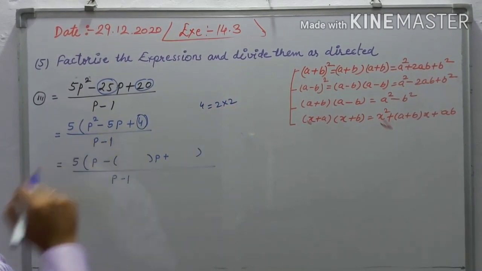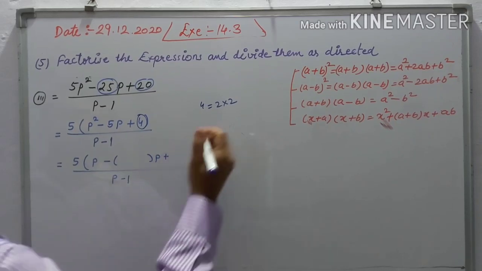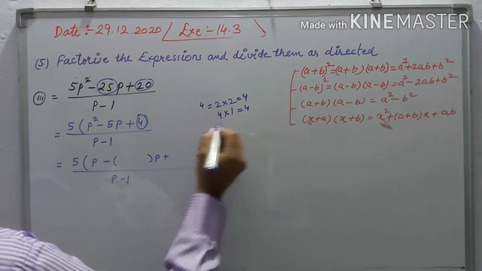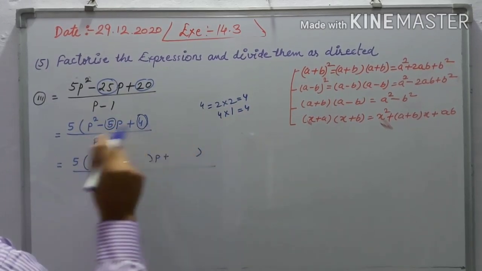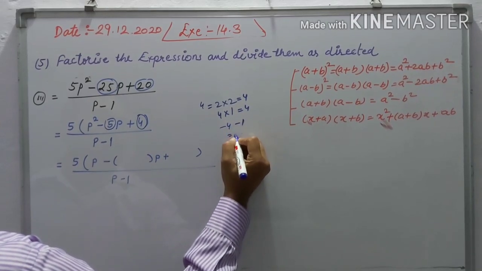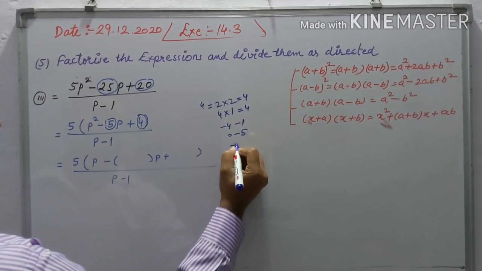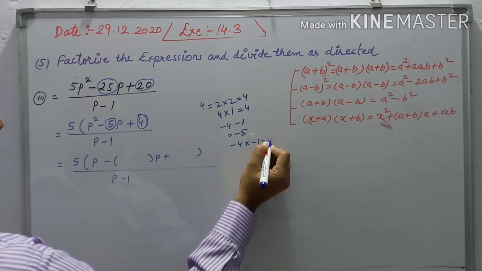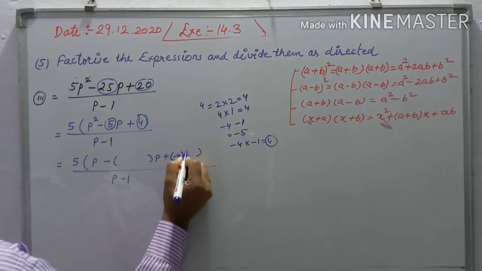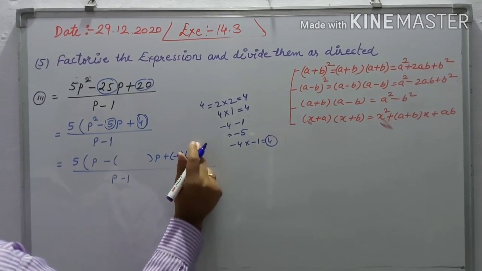But here is a 5, so the second is 4 multiply 1 is equal to 4, two factors, but here comes 5 with minus, so minus 4 minus 1 is equal to minus 5, and minus 4 into minus 1 is equal to 4. So the values are minus 4 and minus 1.